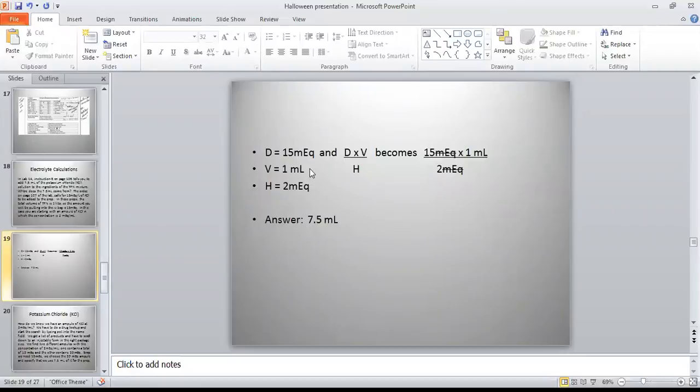So V is 1 milliliter, H is 2 milliequivalents. So our formula, D times V over H, now is 15 milliequivalents times 1 milliliter divided by 2 milliequivalents. Milliequivalents cancel out. That becomes 15 times 1 milliliter divided by 2. That answer now becomes 7.5 milliliters. That's where it comes from.